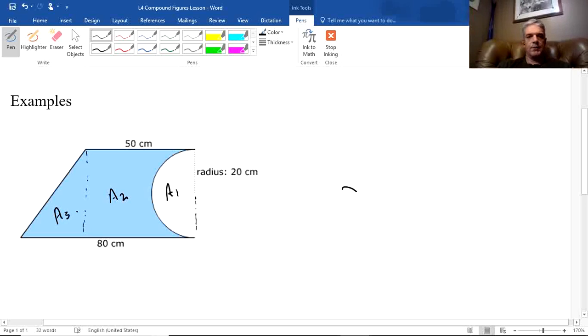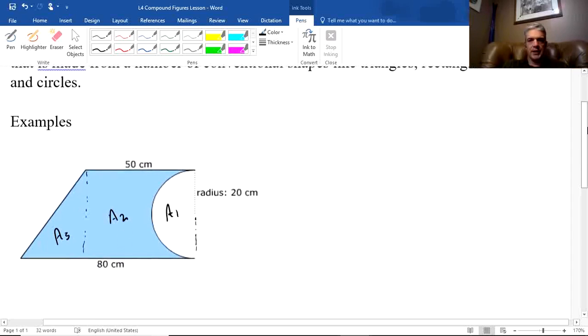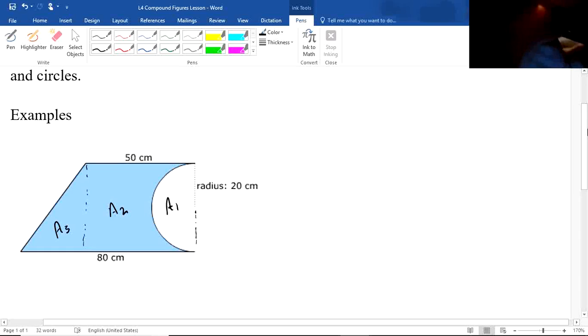So what I've done is I've created a rectangle, a semicircle, and a triangle, all of which I can find the area of. And then I can find my total area. There are two steps, or two methodologies, to doing this. I'm going to divide my workspace into two parts here.